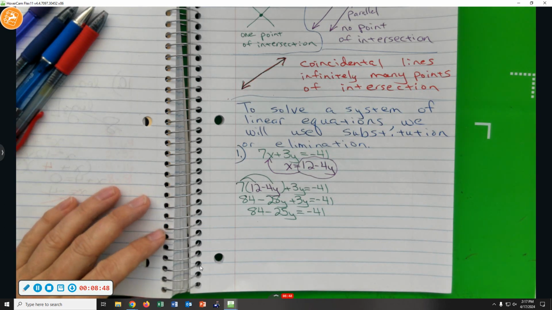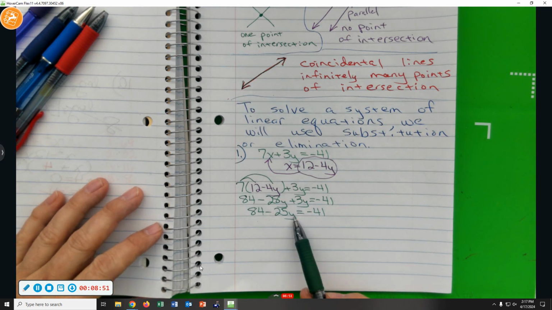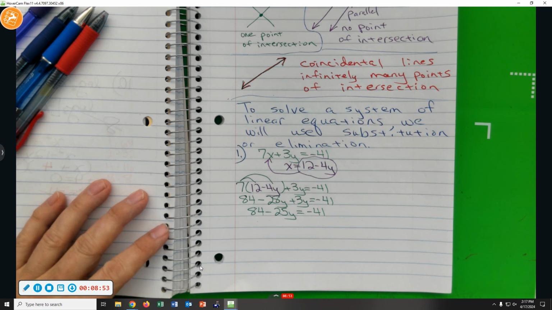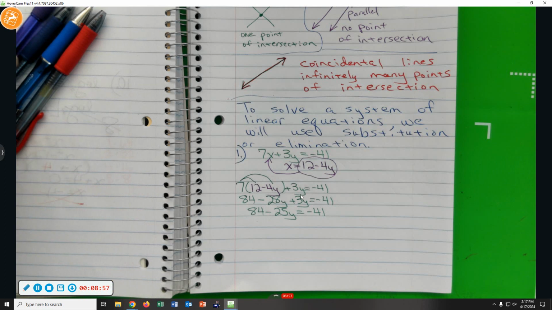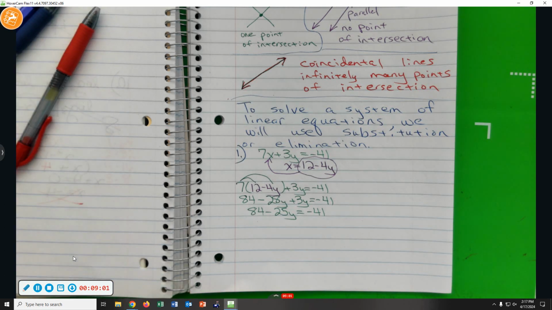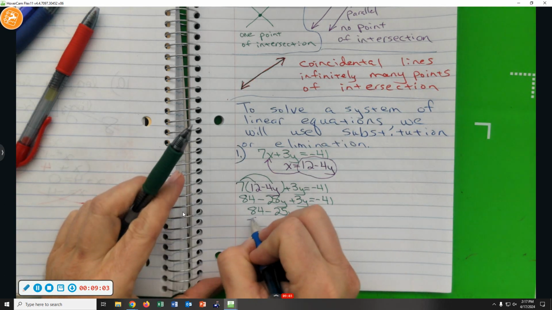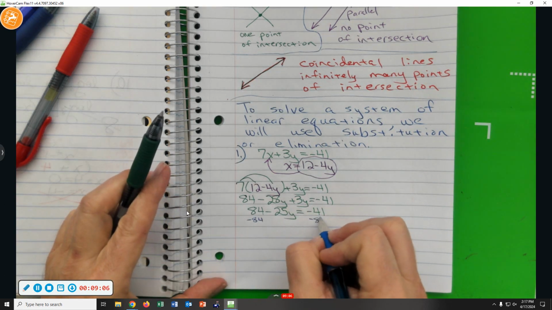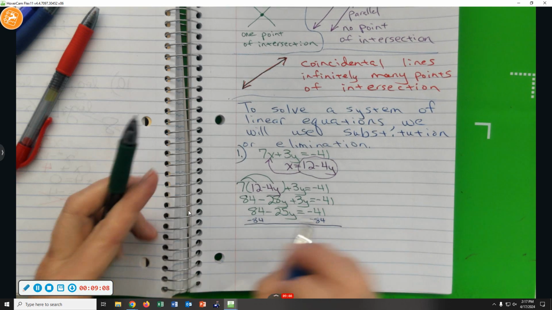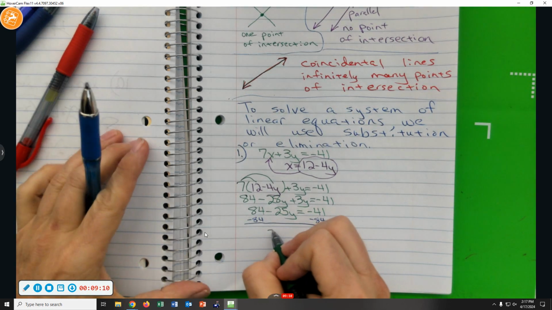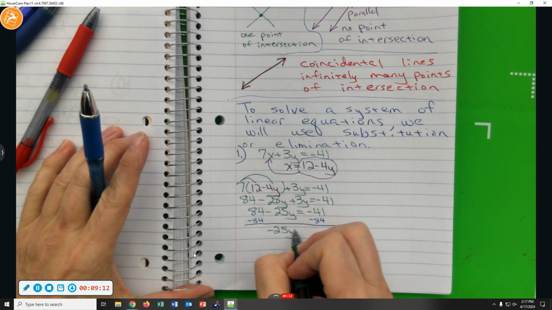There's really only one sensible next step. We're trying to get y by itself. What do you think I'm going to do? Minus the 84, I agree. Minus the 84. I don't know why I'm showing this. I quit showing that step a long time ago, didn't I? Yeah, but again, you could have been doing this on day one.